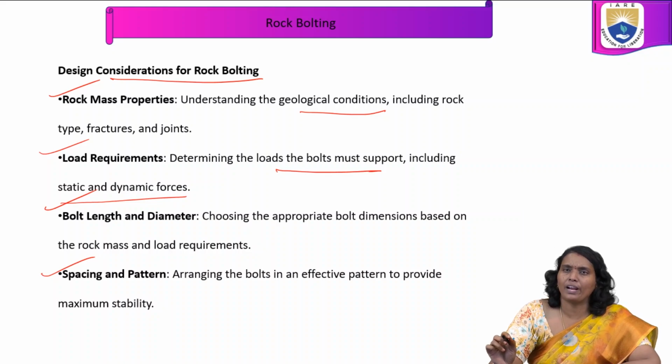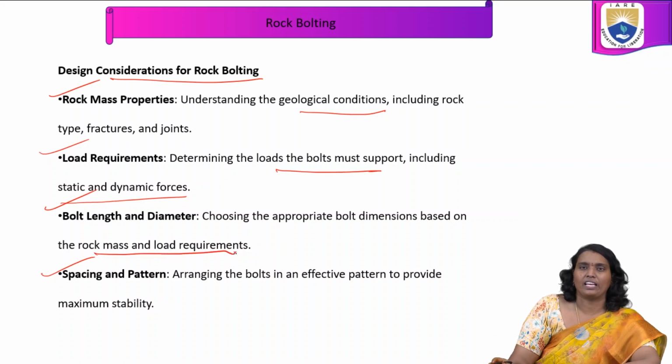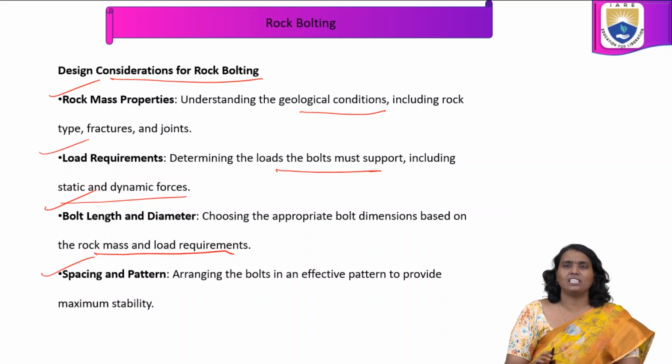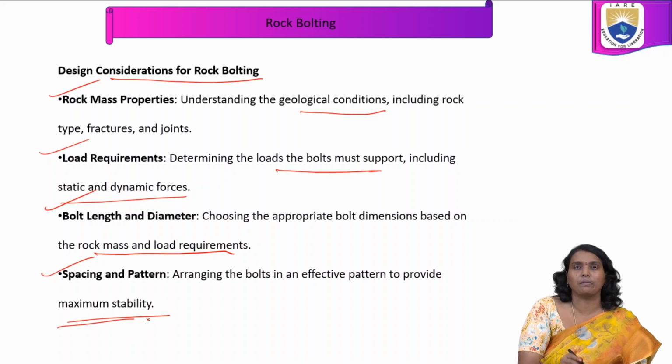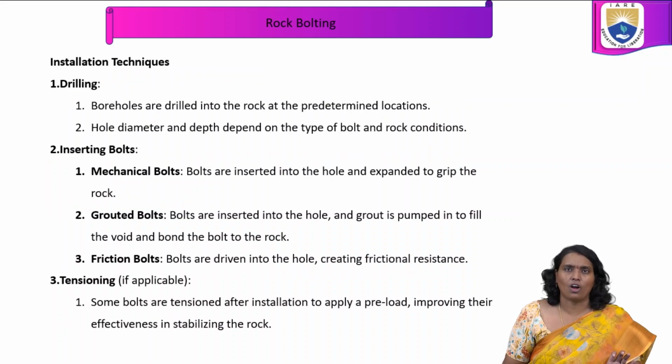Choosing the appropriate bolt dimensions based on the rock mass and load requirements. So arranging the bolts in an effective pattern to provide maximum stability. These are some of the design considerations for the rock bolting.